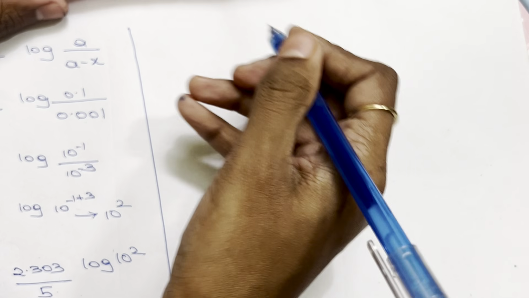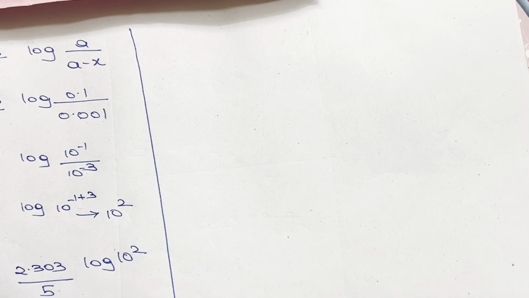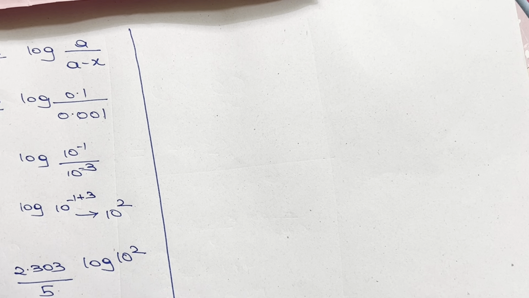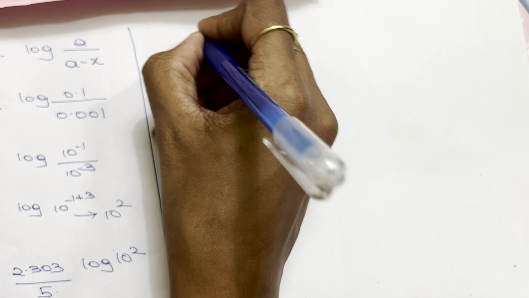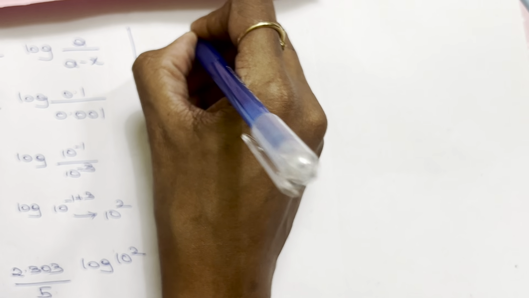So when we divide 4.6, we'll get the answer. We'll take 46 divided by 5.